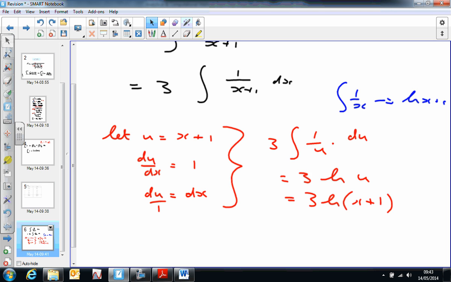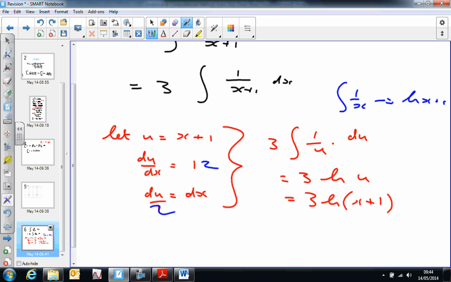Now, what's the shortcut that I mentioned? When I come to this bit, and I let u equal this, and then differentiate it, I get a number, and the number is the number that's in front of the x term. So, if this hadn't been x, it had been 2x, for example, that would have been a 2 here, so there'd have been a 2 underneath.